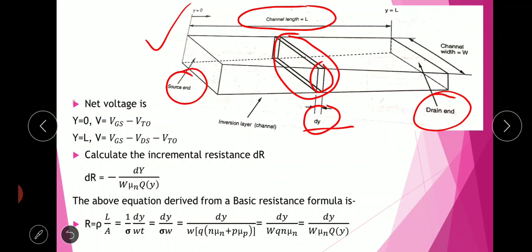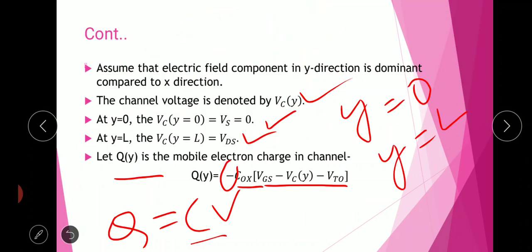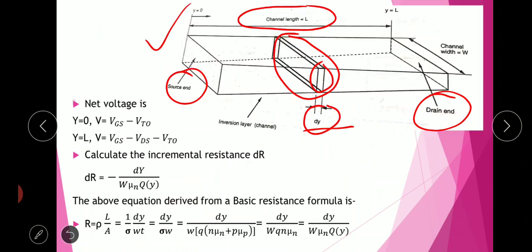And another thing, the net voltage throughout the channel varies, we know that. When y equals 0, the channel voltage is 0, so that term is not given here, only VGS minus VT0 is written.